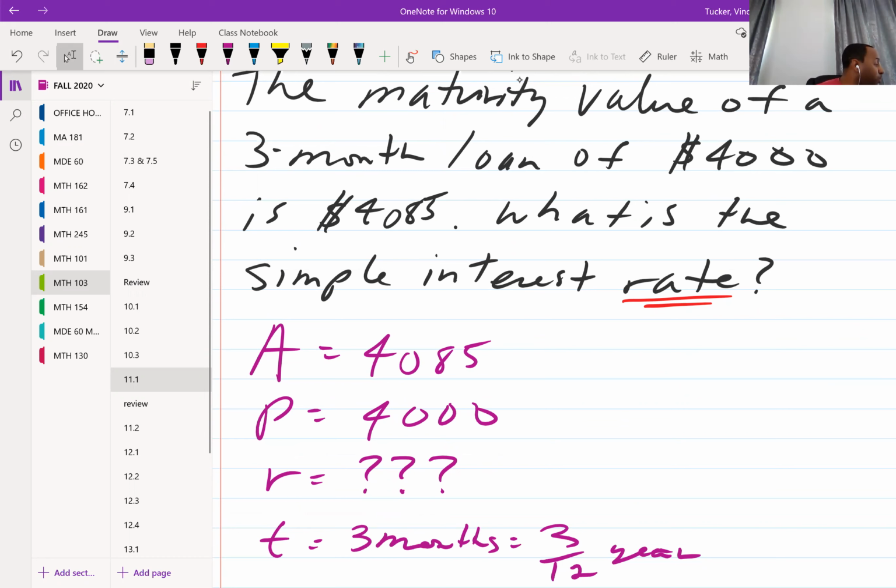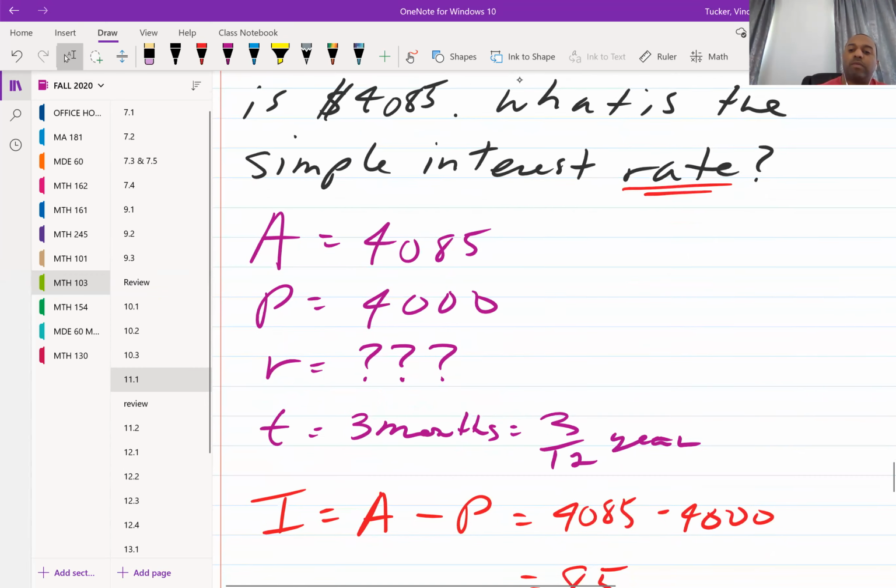We have our maturity value, which is A, principal, which is P, T is time, and then we are looking for R.